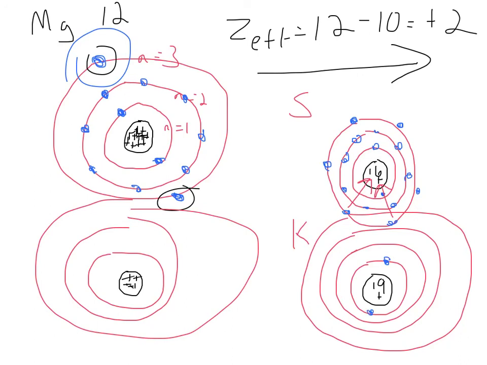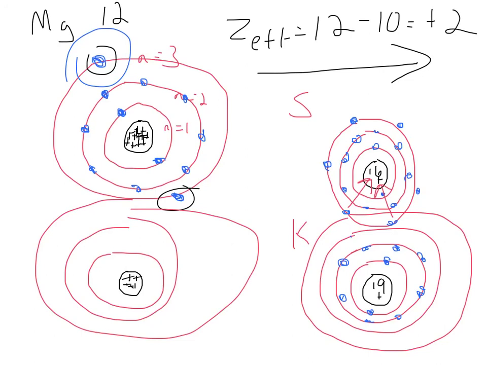We put 2 in the 1s, and 8 in the 2s and 2p: 1, 2, 3, 4, 5, 6, 7, 8. Then we go to the n equals 3, which can actually hold a total of 18 electrons because it has s, p, and d orbitals.